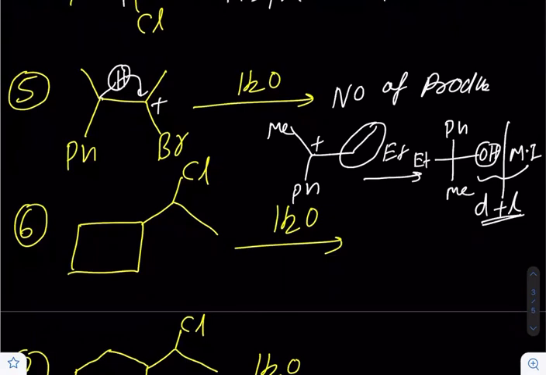Next is ring expansion. Anytime we have a 4-member ring and the next carbon has a positive charge, there is a bond shift, and the 4-member ring converts into a 5-member ring after rearrangement, and we will have a carbocation like this.